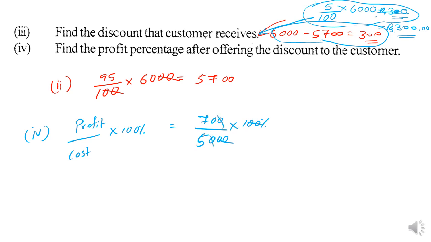You cancel like this, and this is 70 divided by 5, which is equal to 14. This is now equal to 14%. 14% is the profit percentage.